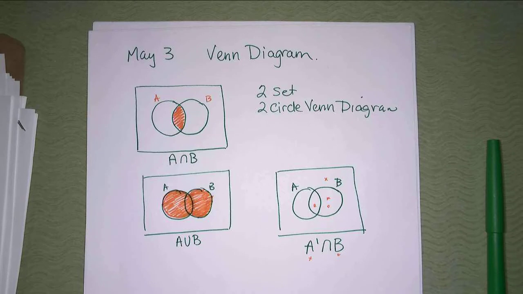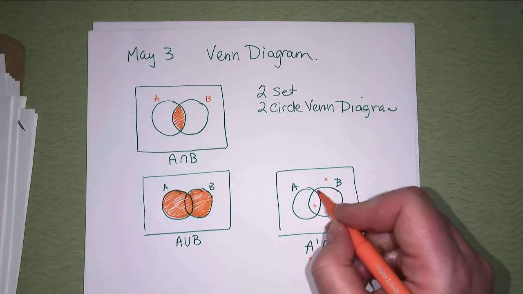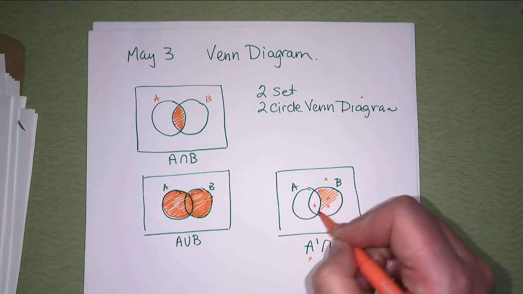And intersection means both, in both. So where would this be? In the part of B that has those two little symbols in it? Mm-hmm. And so let's think about this. This would be what we shade.